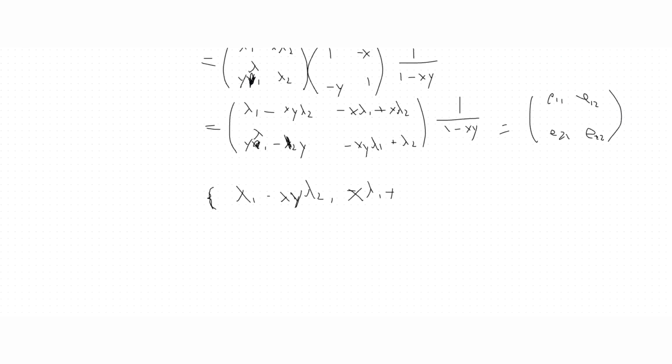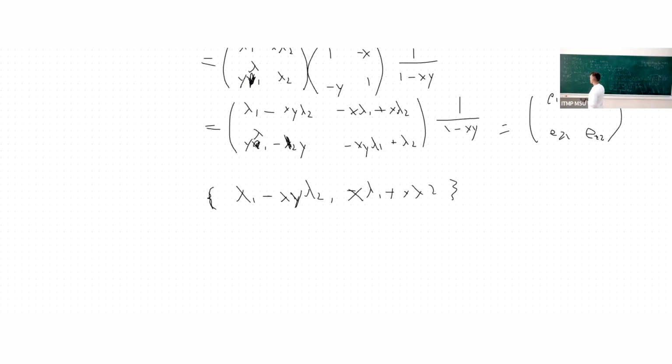Okay, so let's say lambda 1 minus xy, xy lambda 2, and x lambda 1 plus x lambda 2. This Poisson bracket equals E11, E12.